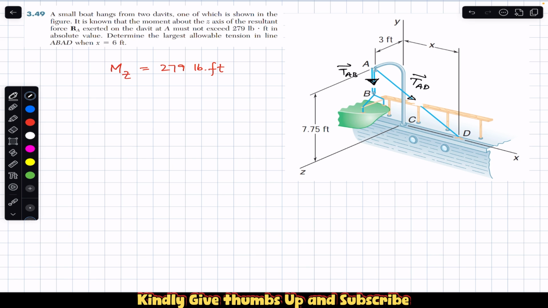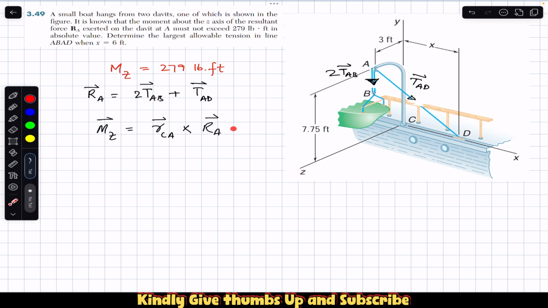Now we have already discussed that the resultant at point A will be equal to the vector sum, which is 2 times TAB plus TAD. So the moment about the z-axis will be equal to the cross product of the moment arm, the vector from C to A, with the resultant at A. So this is the vector method, right?